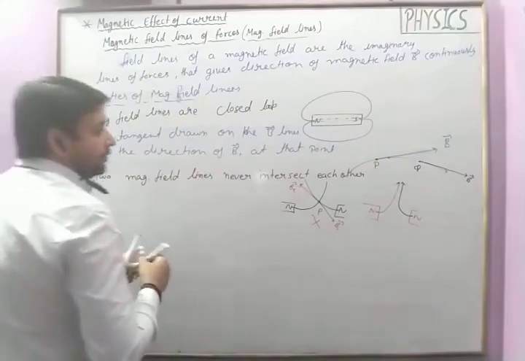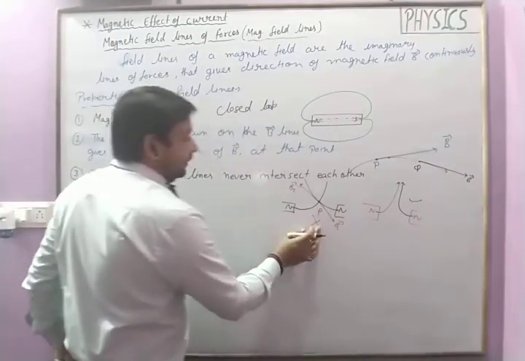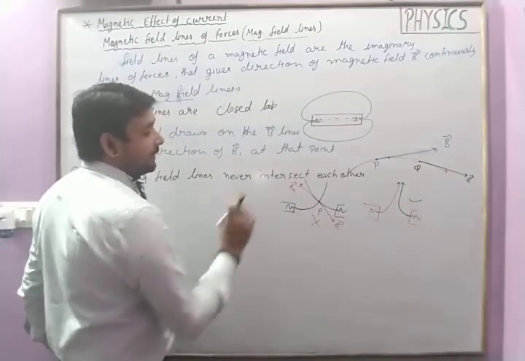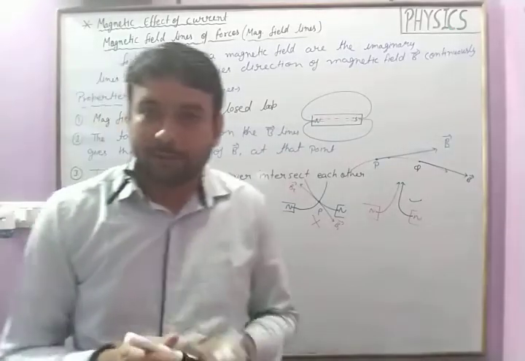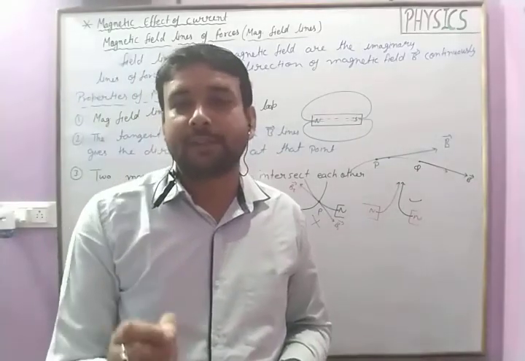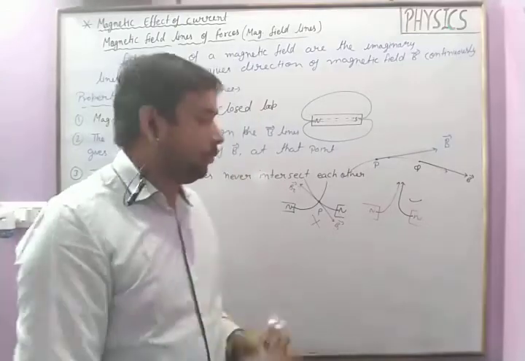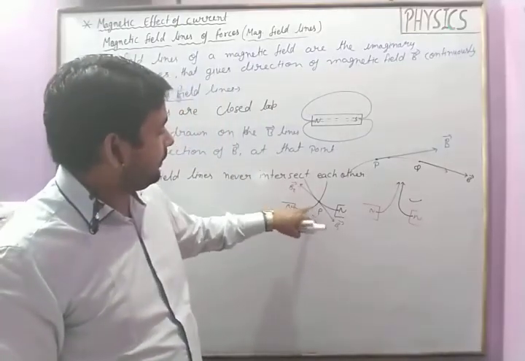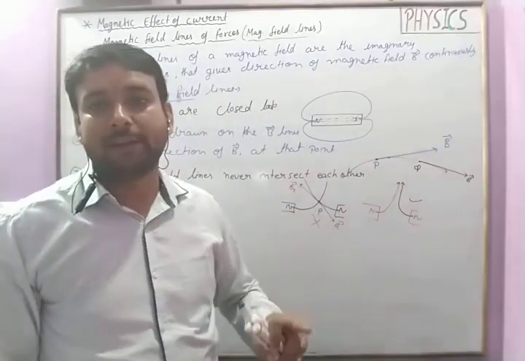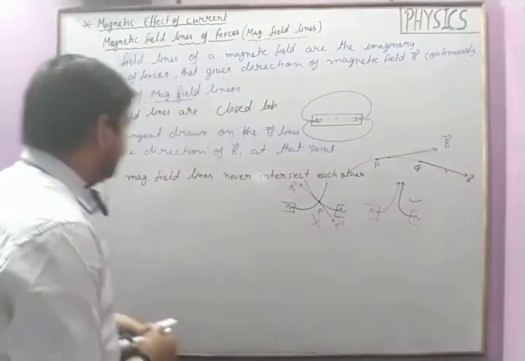Clear? So this happens, but they cannot intersect each other, because if they intersect, at the point of intersection there would be two directions of magnetic field, which is not possible.